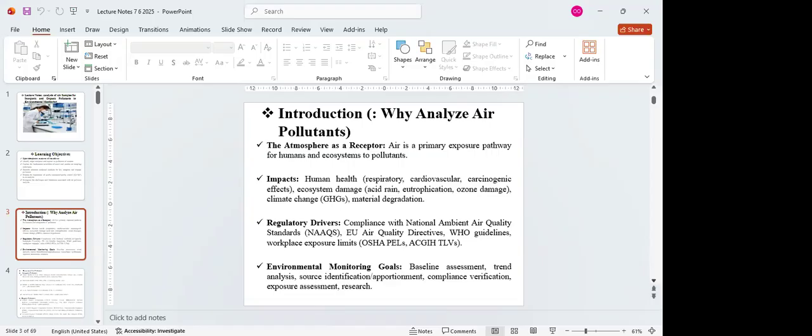But in all of this that we know, the pollutants are classed under two categories majorly: the inorganic, which I have mentioned, and the organic. And the organic pollutants, some of them are like the volatile organic compounds, which we call VOCs. And then we also have the semi-volatile ones like the PAHs. We have the pesticides, we have the PCBs, and then the PFAS, which we'll get to know later.